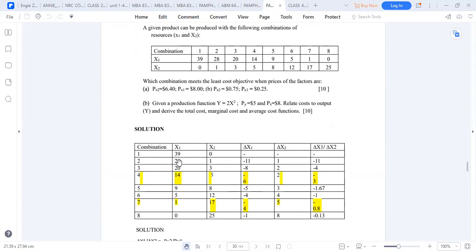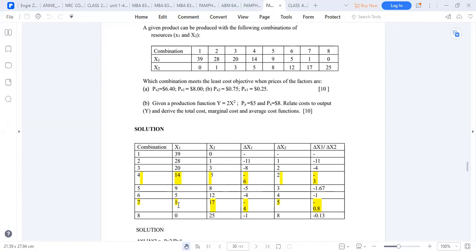We're just taking this minus that. So 28 minus 39 is negative 11. 20 minus 28 is negative 8. 14 minus 20 is negative 6. 9 minus 14, negative 5. 5 minus 9, negative 4. 1 minus 5, negative 4.